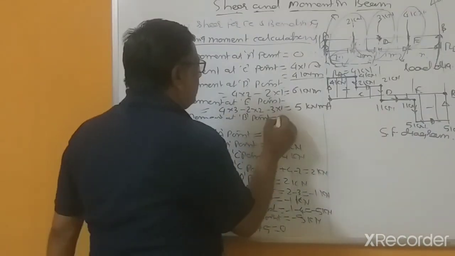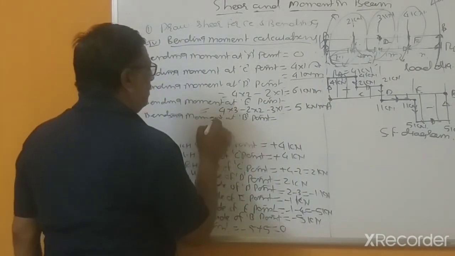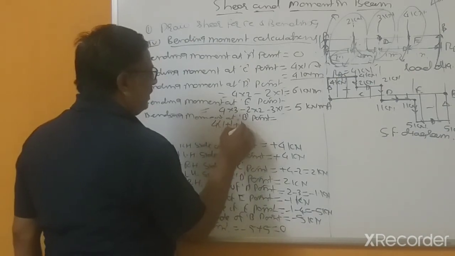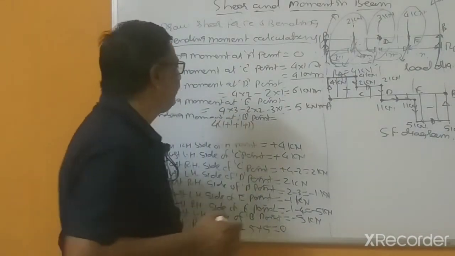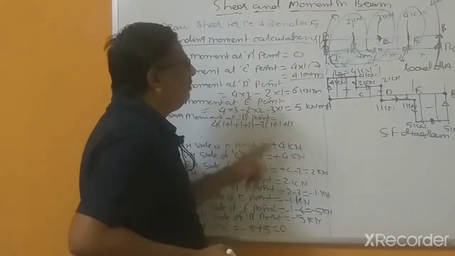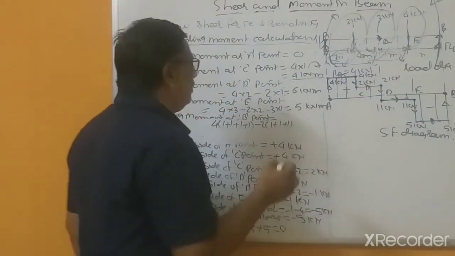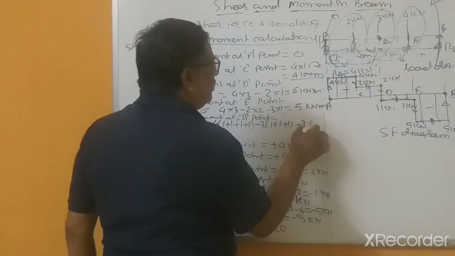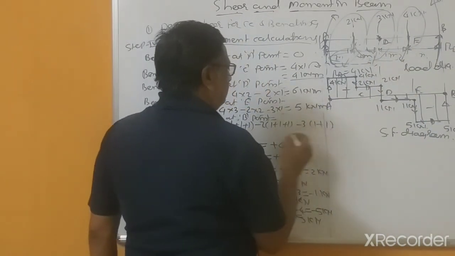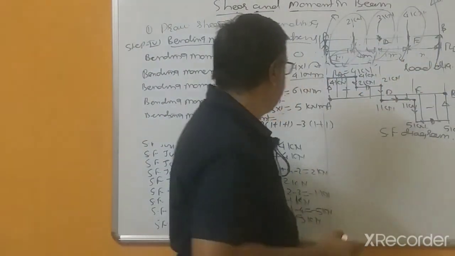So you can write 4 multiplied by 1 plus 1 plus 1 plus 1 distance, minus 2 into 1 plus 1 plus 1, because this is 1, 1, 1, and this 2 is anti-clockwise, minus 3 into distance, this distance 1 and this is 1, minus 4 multiplied by only 1 meter.